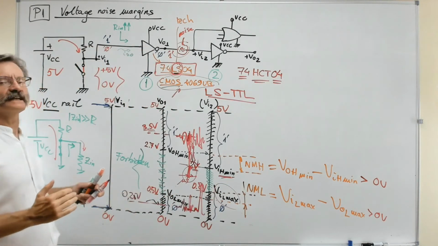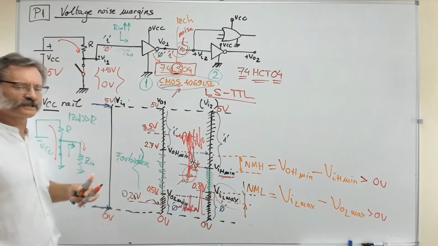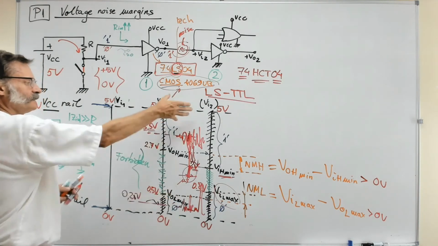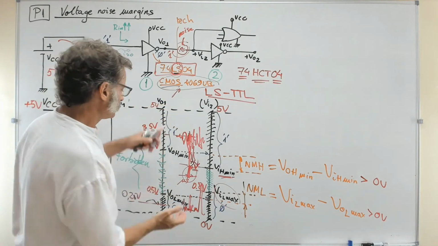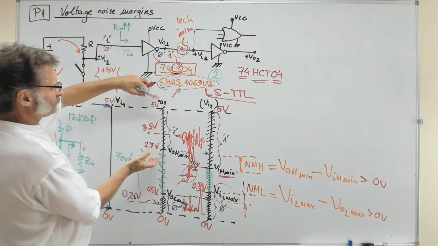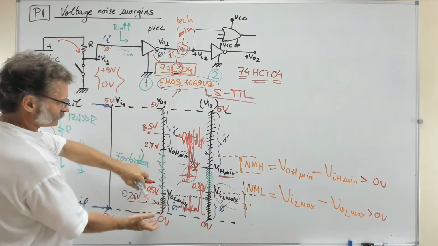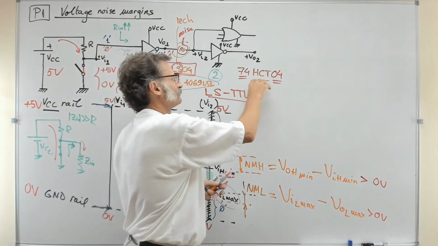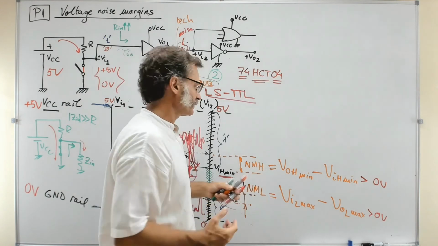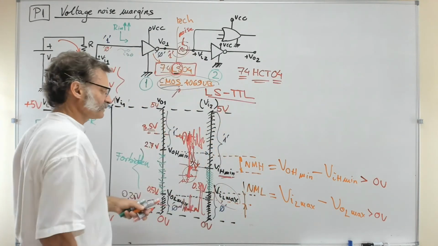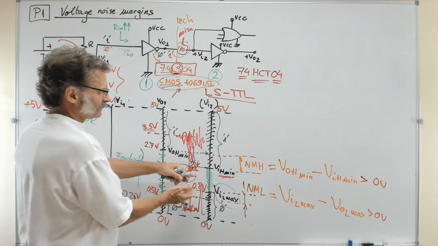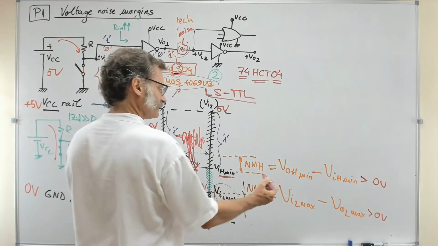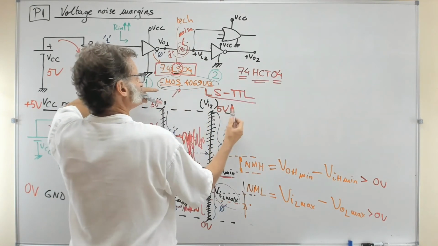That one you will see has those features improved a lot. It has symmetrical high and low margins and the like. You see here, there is a lot of difference between what is understood as a 1 and what is understood as a 0, and that is really a problem in modern circuits. So advanced technologies today have solved that situation, making the ranges more symmetrical and faster circuits, and generating better noise voltage margins. So in this case, as I say, let me go finishing this.